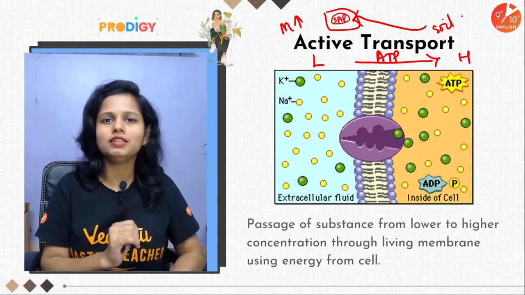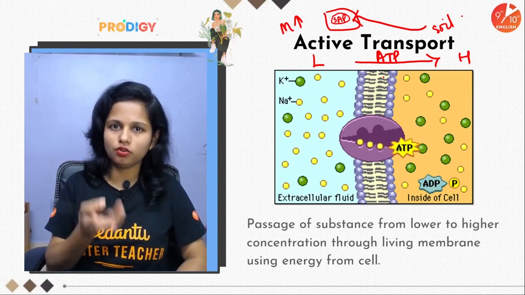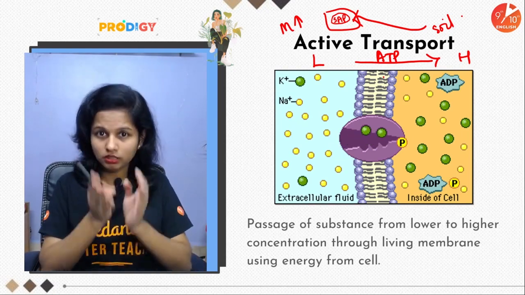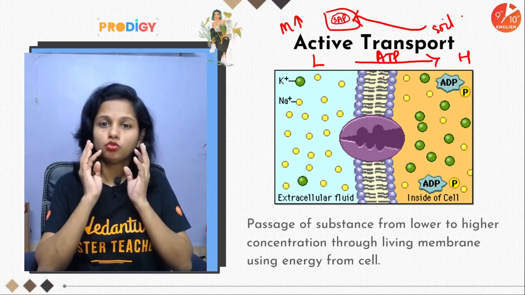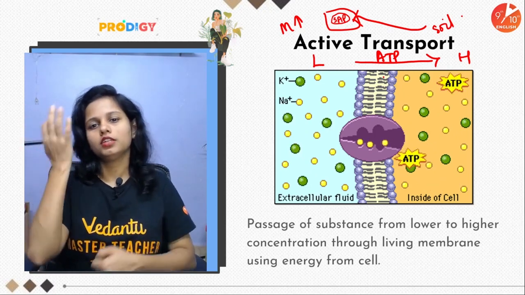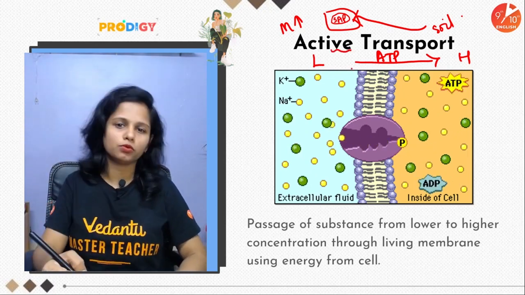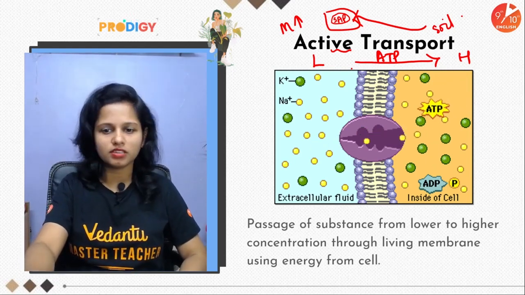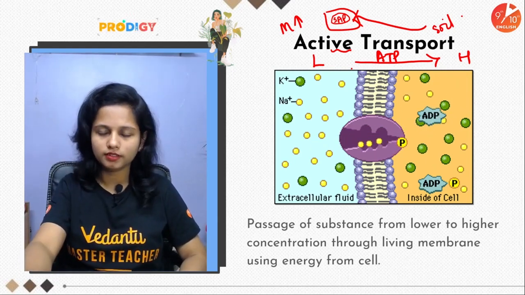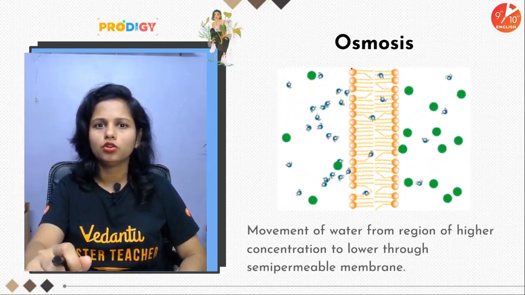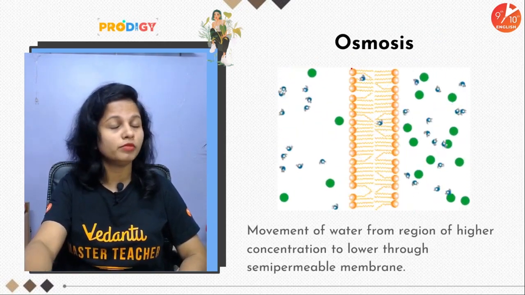So when plant cells, or whenever a living organism, spend energy in the form of ATP to move substances from a lower concentration to higher concentration, it's called active transport. So minerals are pumped in by a plant by means of active transport. Okay, got it? Great.